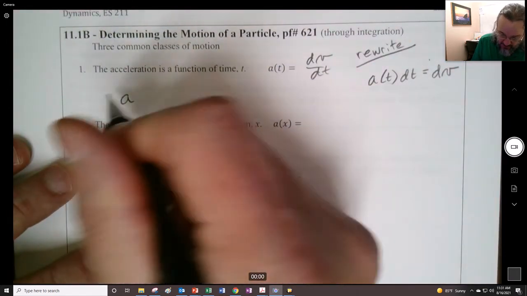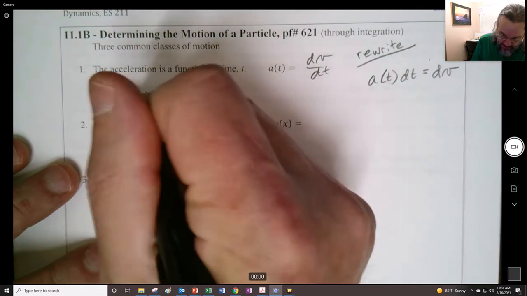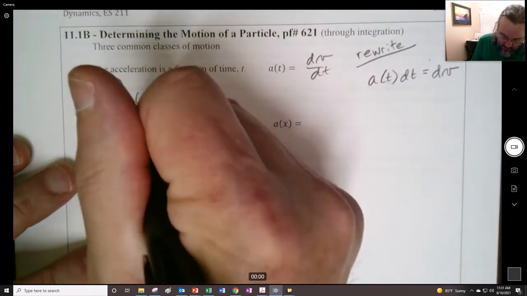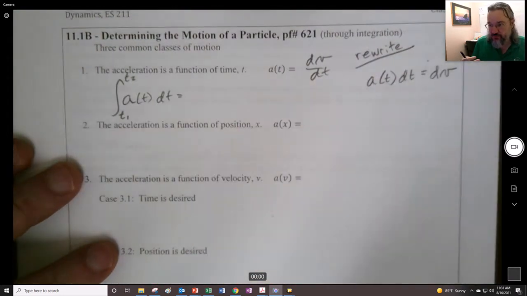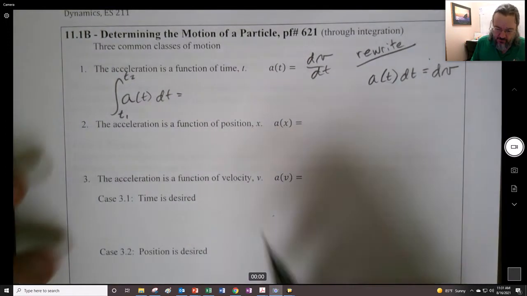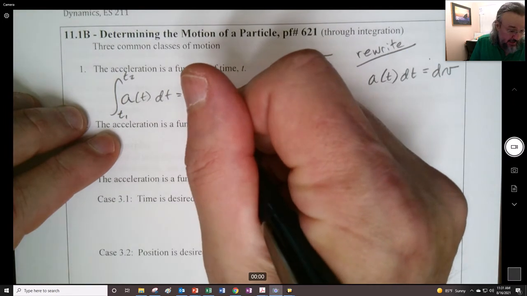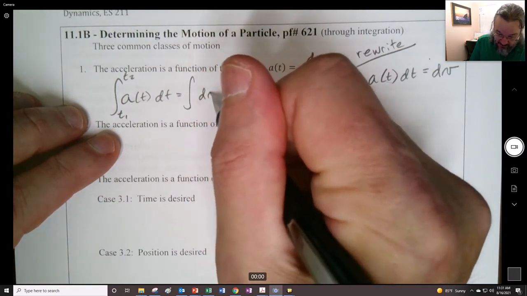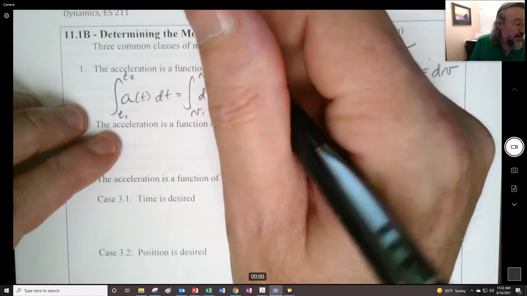Maybe I should have written this over here. We have a as a function of time, integrated from t1 to t2. Quite often it's going to be from time 0, because we can just decide this is when we're going to start. And then we have the integral of dv, where we're going to have v1 and v.